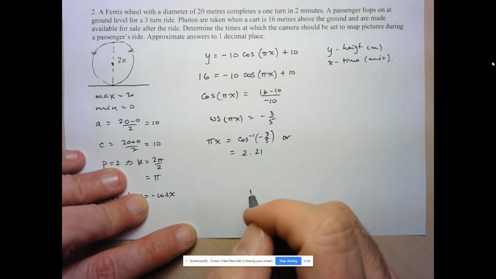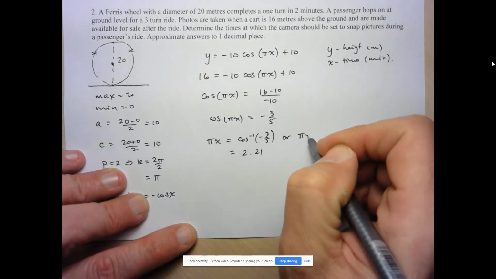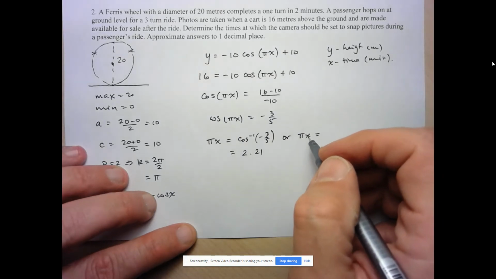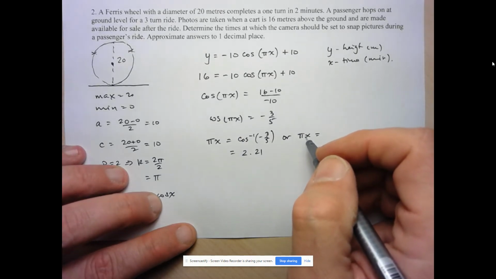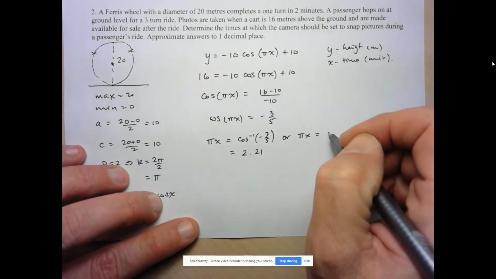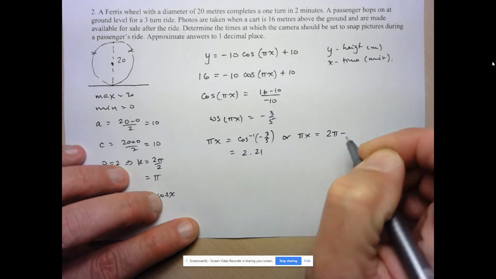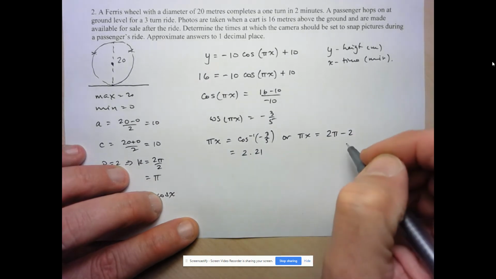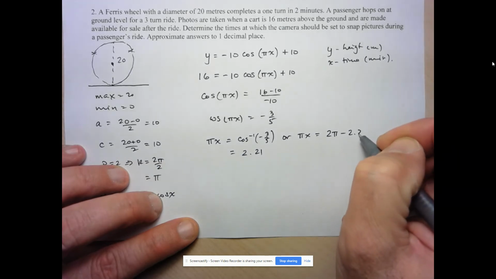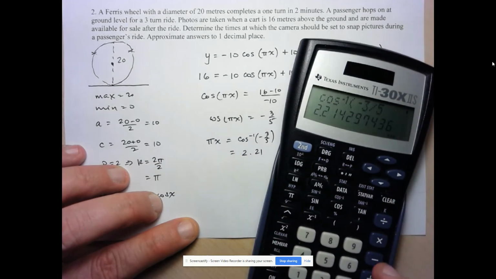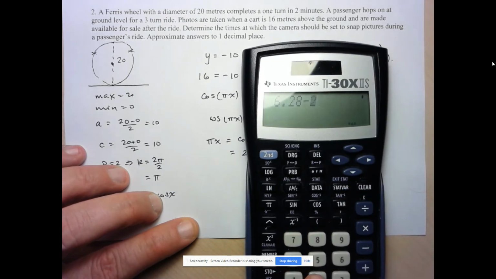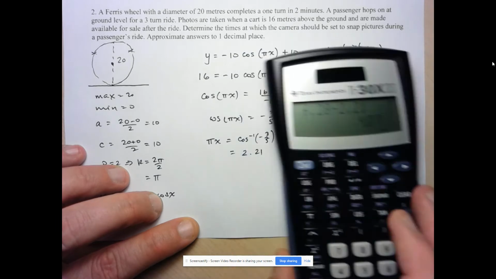Of course, we also know that pi x might be equal to, and in this case we have to make sure that we use the correct related angle identity. Since we're dealing with cosine, it's going to be 2 pi minus this angle, which gives us another possible solution. So 2 pi, which is 6.28 more or less, minus 2.21, and so that's 4.07.